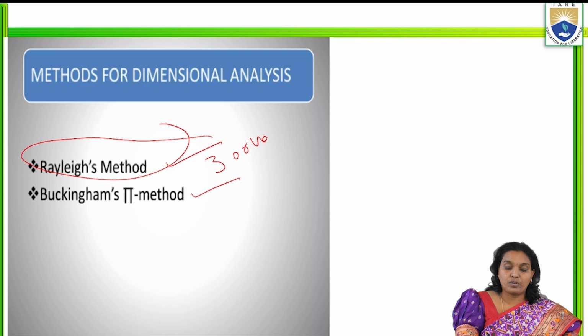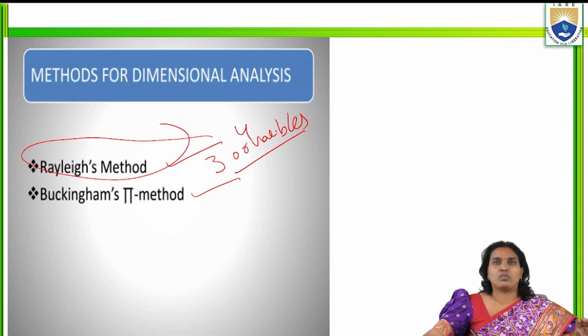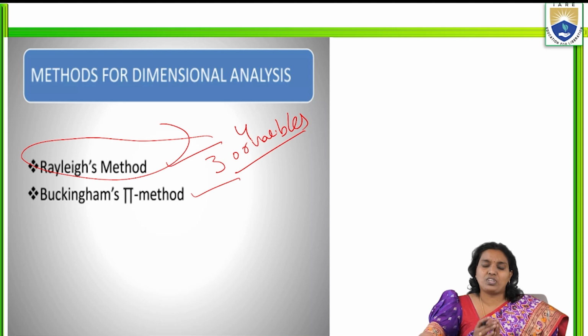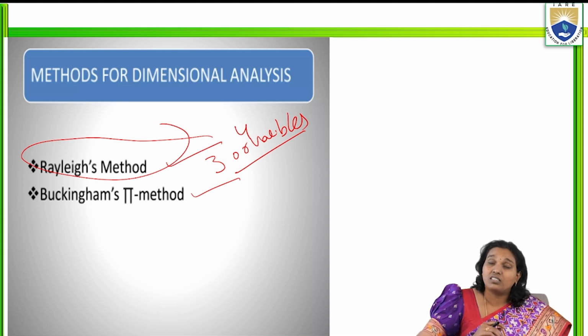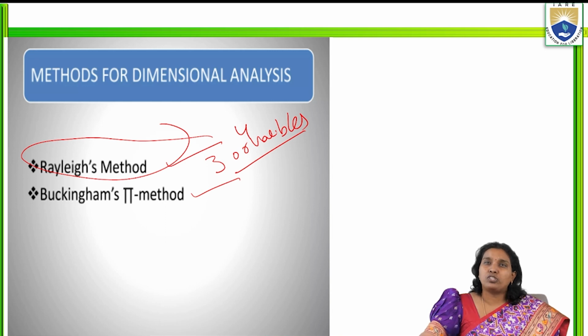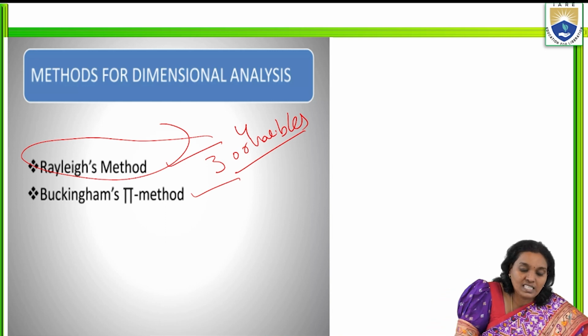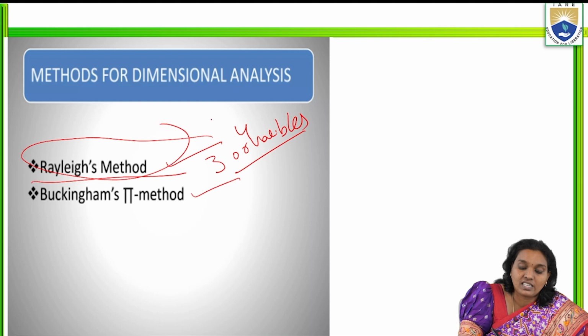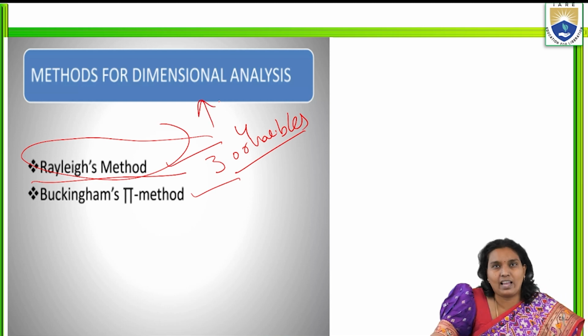In Rayleigh's method, only three or four variables are analyzed. Whenever in a particular equation or condition 3 to 4 variables are involved, we may use Rayleigh's method for dimensional analysis.